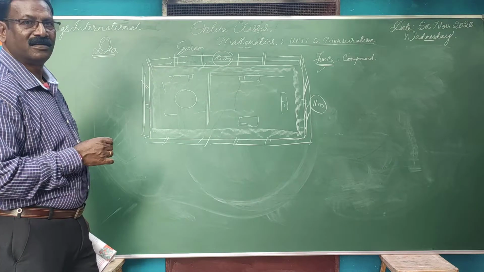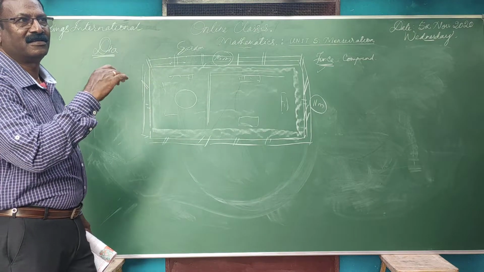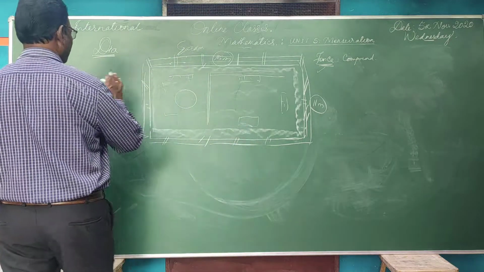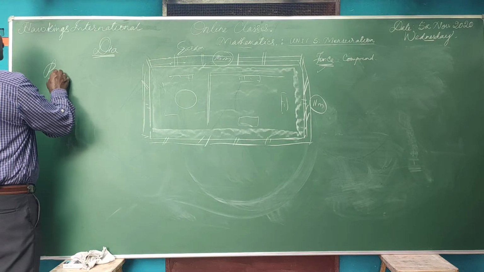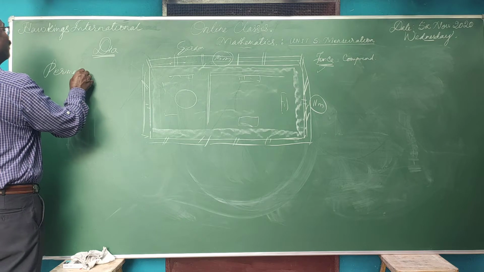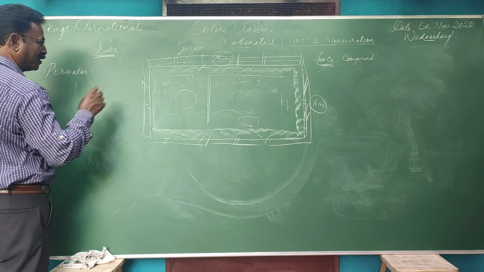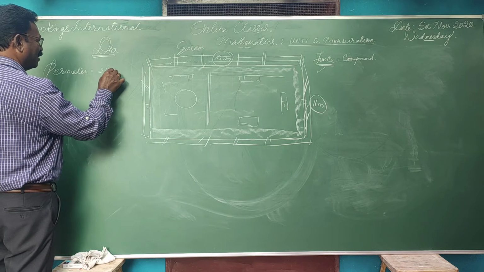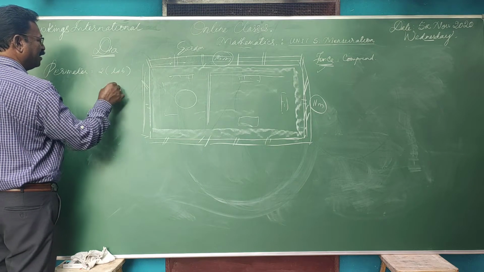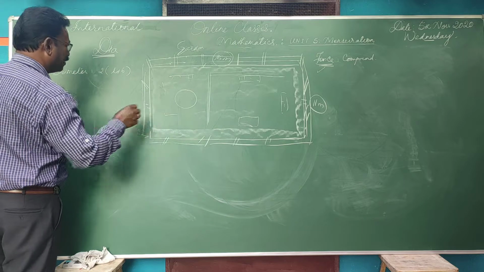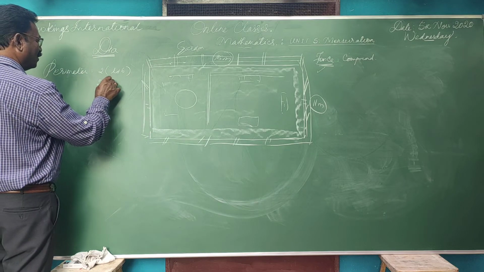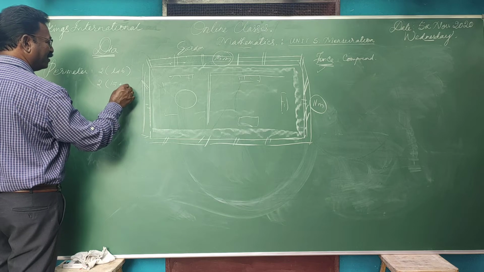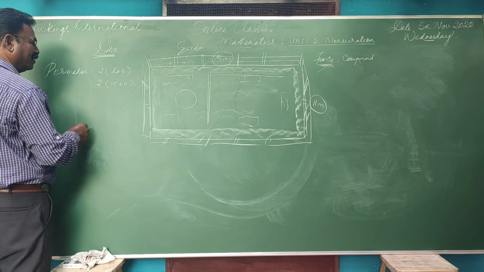We should find out the perimeter of this garden. I'll write it here. Perimeter is equal to, for a rectangle, 2 into L plus B, length plus breadth. So 2 into length is 15 meters and width is 11 meters.